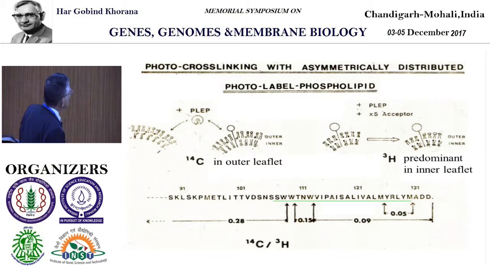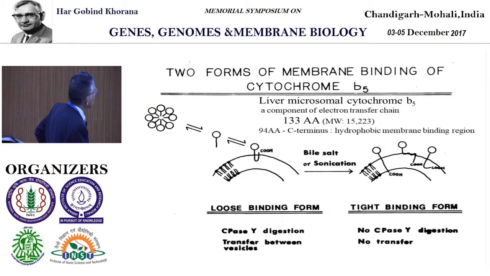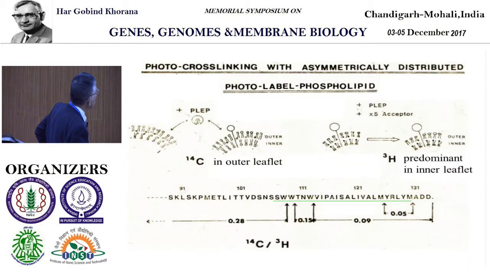To cut the story short, to answer the question, what is the form of the C-terminal end? I created asymmetrically distributed vesicles, having C14 in the outer leaflet only, using the phospholipid exchange protein of Carl Oates.